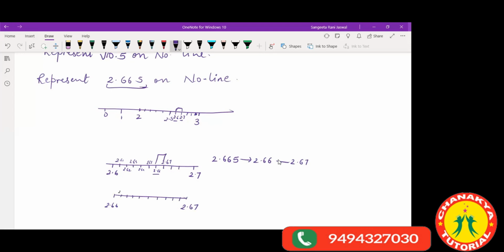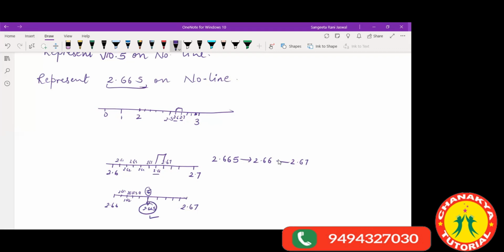Now this one is 2.661, 2.662, 2.663, 664, 665. This 5 has come, so that is 2.665. Now this point is your 2.665. Okay, so you have finally reached 2.665.